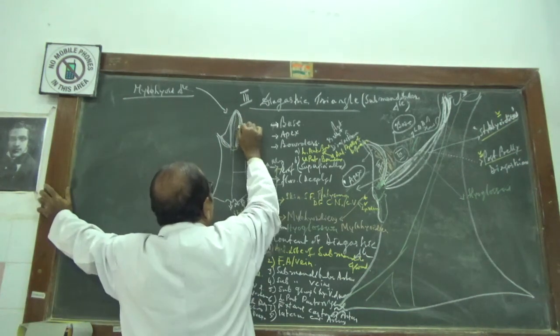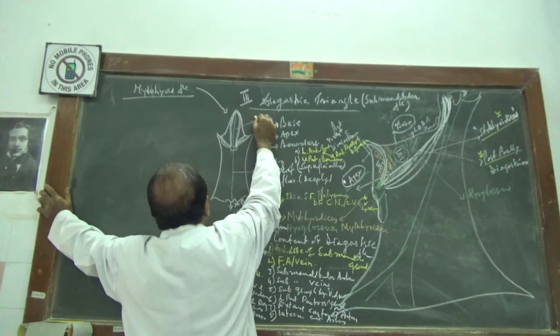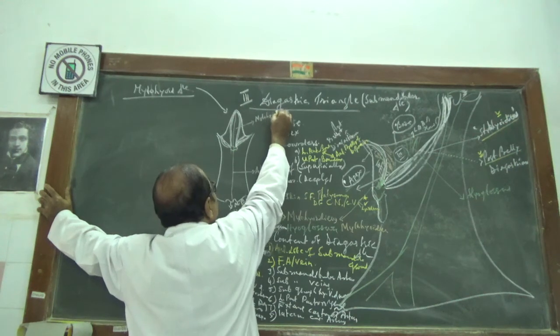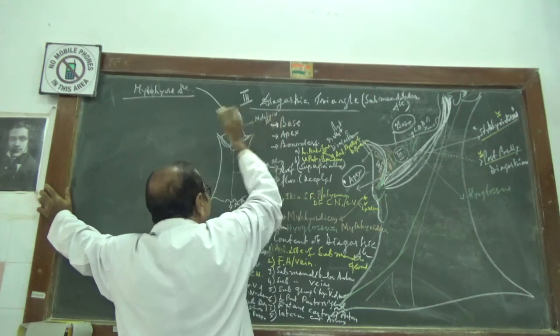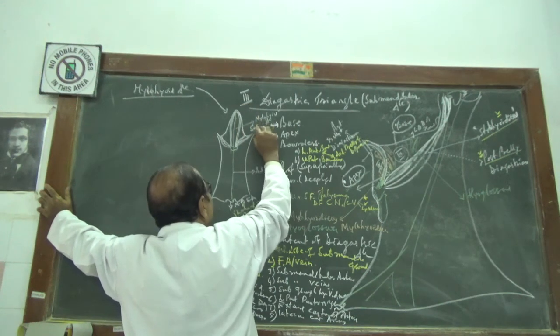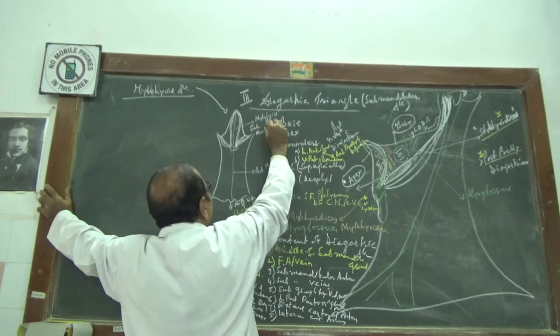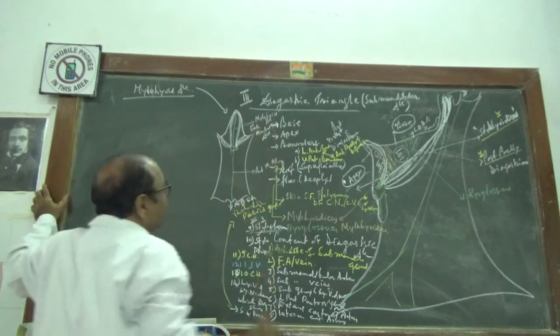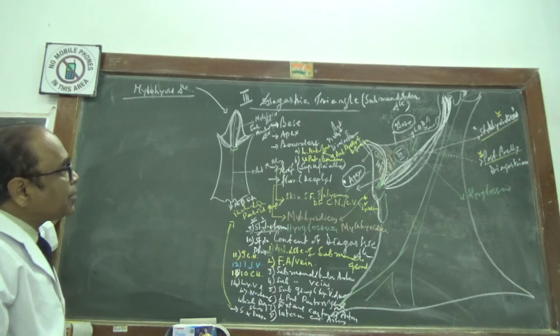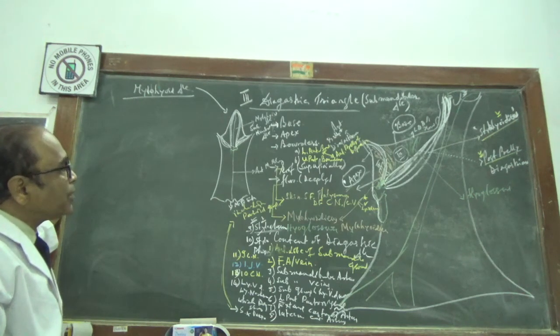So this triangle what you get is called the MAH00841 triangle, or it is also called the submental triangle. The MAH00841 triangle or submental triangle is the triangle present in the anterior triangle of the neck.